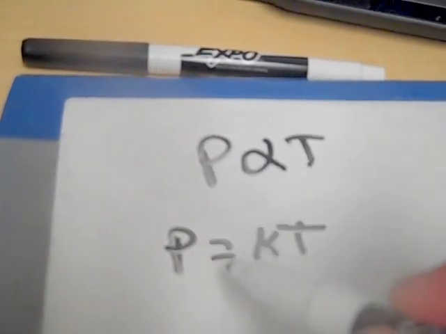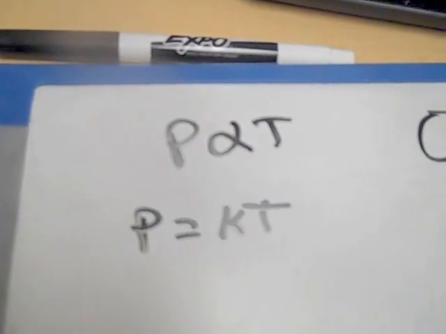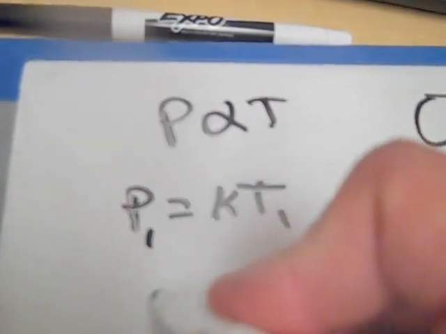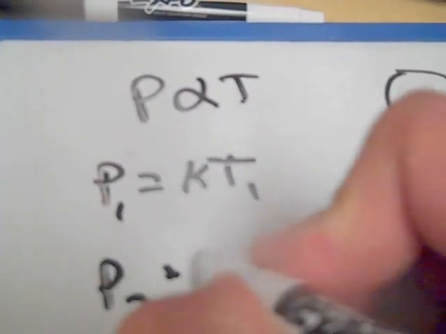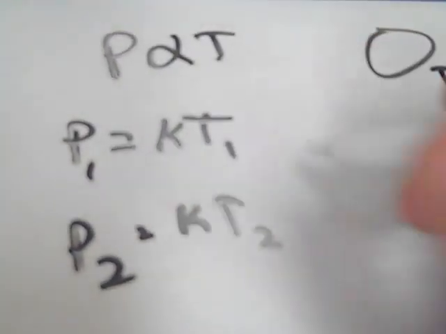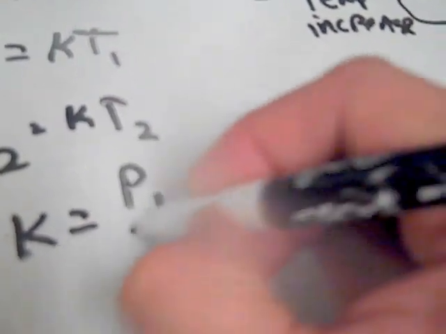What we can do is replace the proportional sign with the equal sign for this reason, and if we have P1 equals KT1 and P2 equals KT2, so what we see is that if we solve for the constant K, K equals P1/T1, K is equal to P2/T2, like that. So we can basically set these equal to each other.